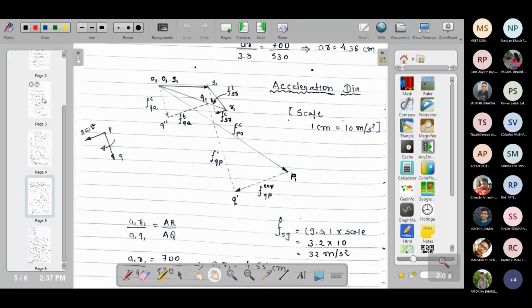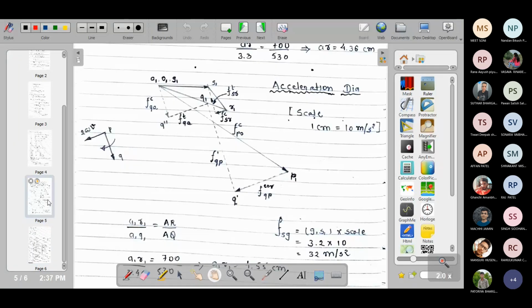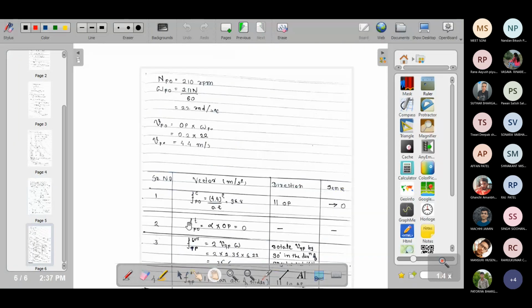Alpha for this link is not given, so you will have only one component. The tangential component is 0. The tangential component of acceleration of point P with respect to O is also 0. So which one is remaining? The centripetal component.